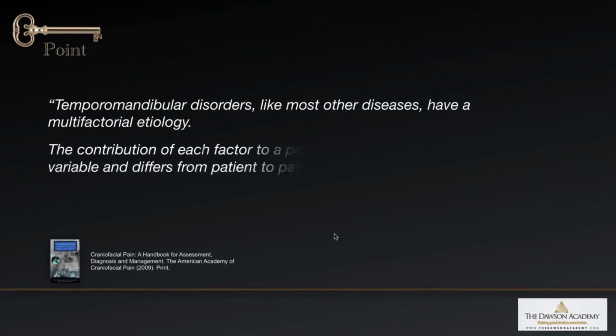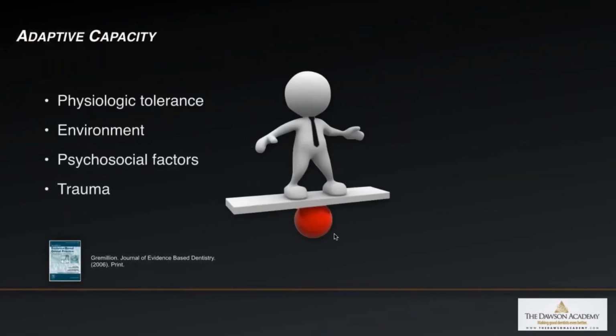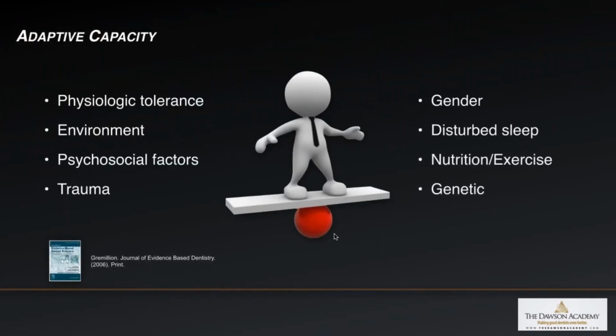According to this study, temporomandibular disorders, like many other diseases, have a multifactorial etiology, and the contribution of each factor to a particular set of symptoms is variable and differs from patient to patient. Here's a great description of it, from a paper that Henry wrote in the Journal of Evidence-Based Dentistry: each person has what he refers to as an adaptive capacity, made up of these different factors.